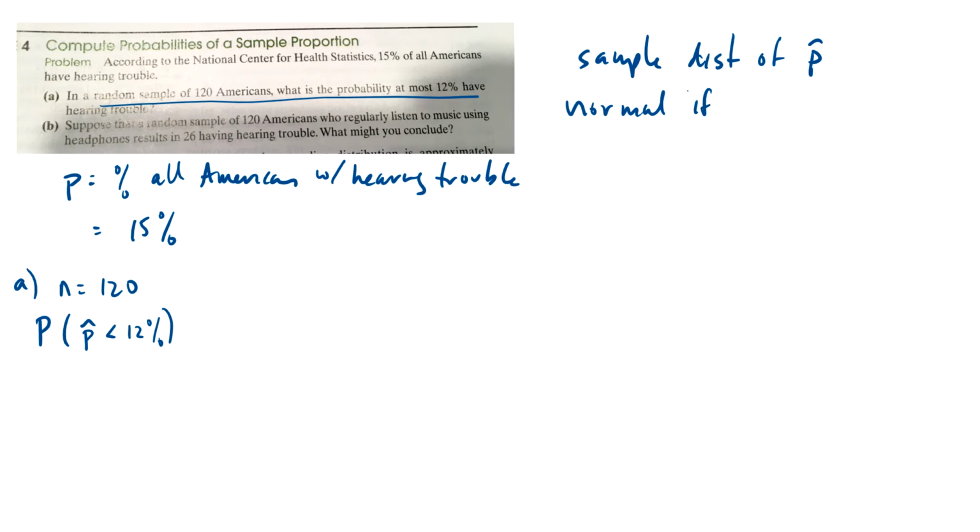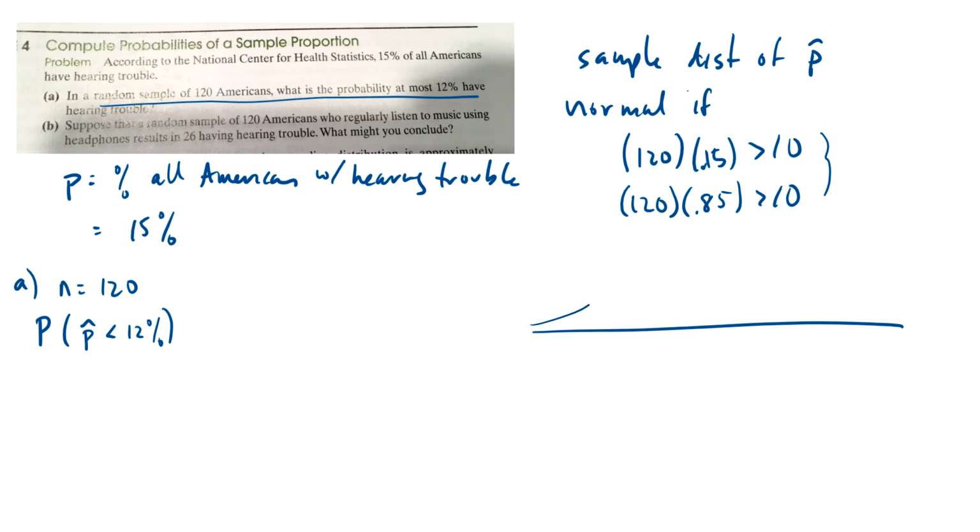if NP, 120 times 0.15, is over 10, which it is. 15% of 120 is certainly over 10. And 120 times Q, which is the complement. Okay, so these are my two conditions that have to happen.